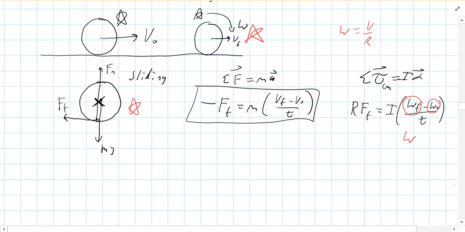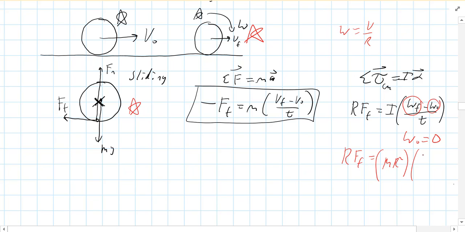So it turns out that omega naught is zero. The hoop, when we first let it go, is not spinning. So our equation becomes R times F equals I. Oh, and what is I for a hoop? For a hoop, like a hula hoop, all the mass is a distance R from the center, so it's just mr squared.